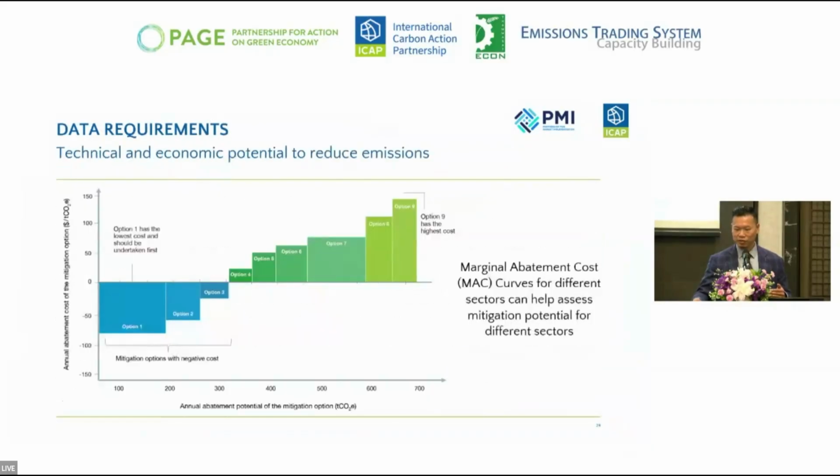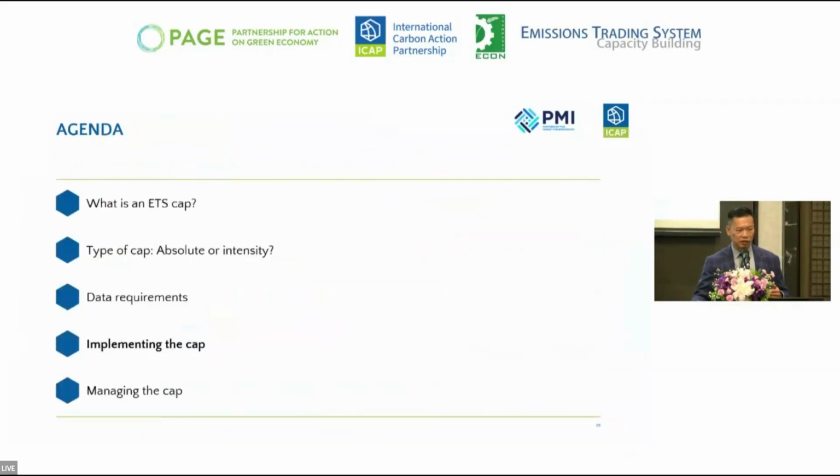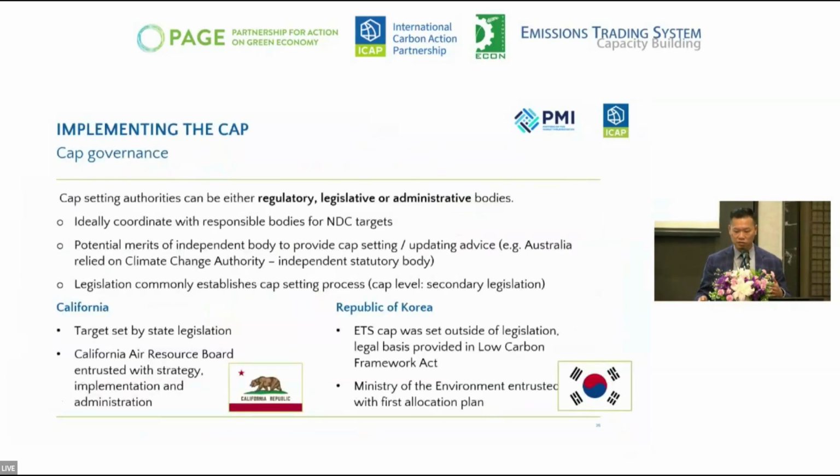Data requirement. So, like I said, setting a cap is a long-term plan, and how do we implement it? First, we need a specific institute to do it. It could be a regulatory institute, a legislative institute, or administrative bodies. But ideally, it should coordinate with the bodies for NDC targets.